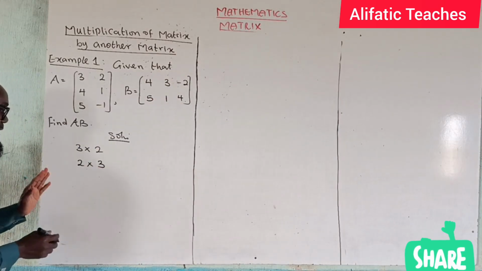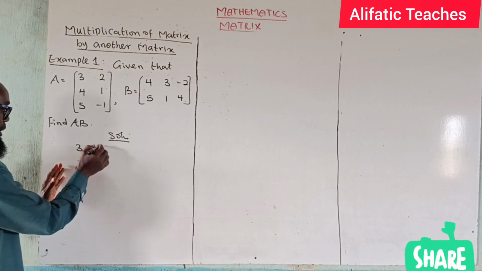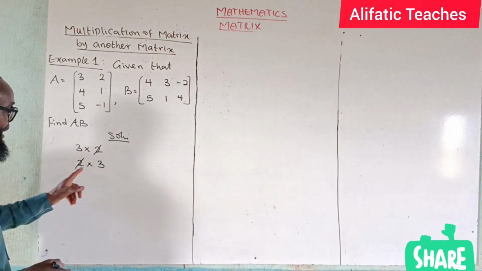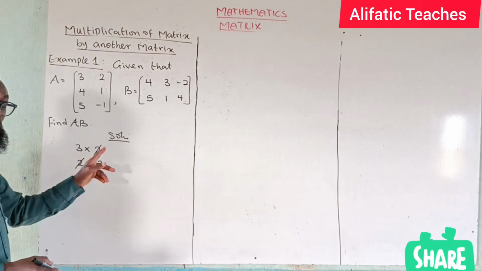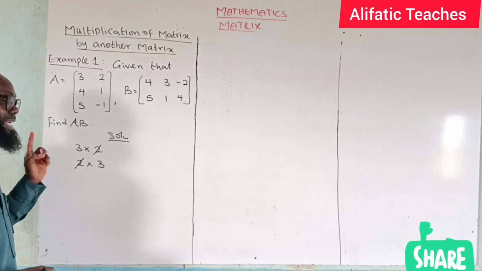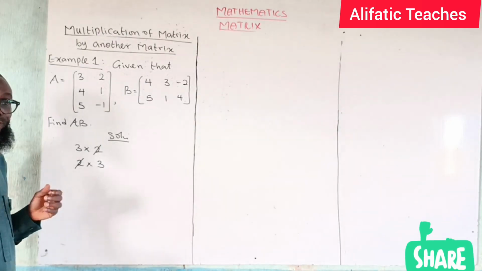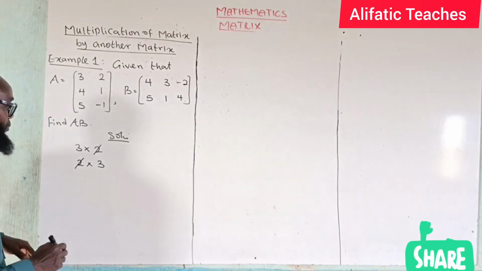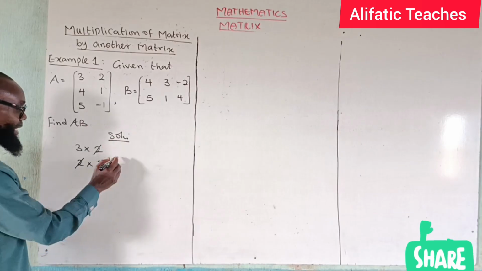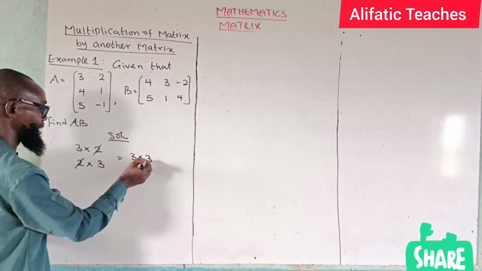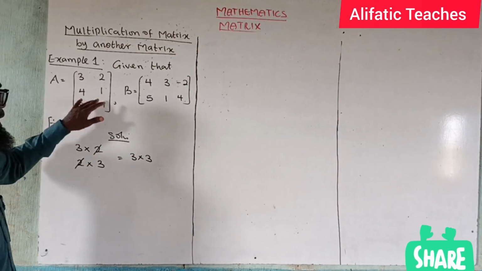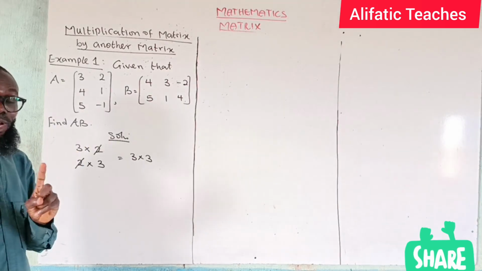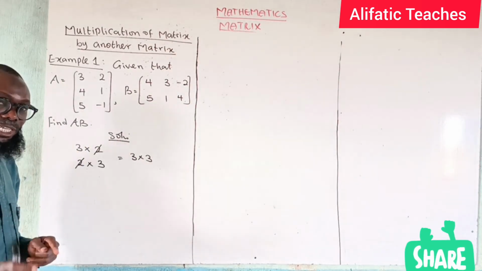Then this inner number will cancel this inner number. If the numbers here can cancel each other, it means that this multiplication is defined. We can multiply it. Finally, our answer will be a 3 by 3 matrix. It means after multiplying A and B, we are going to get a 3 by 3 matrix.